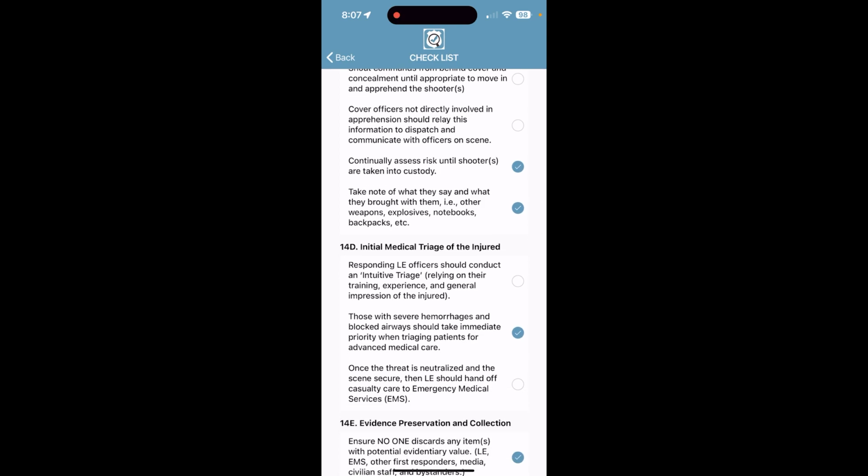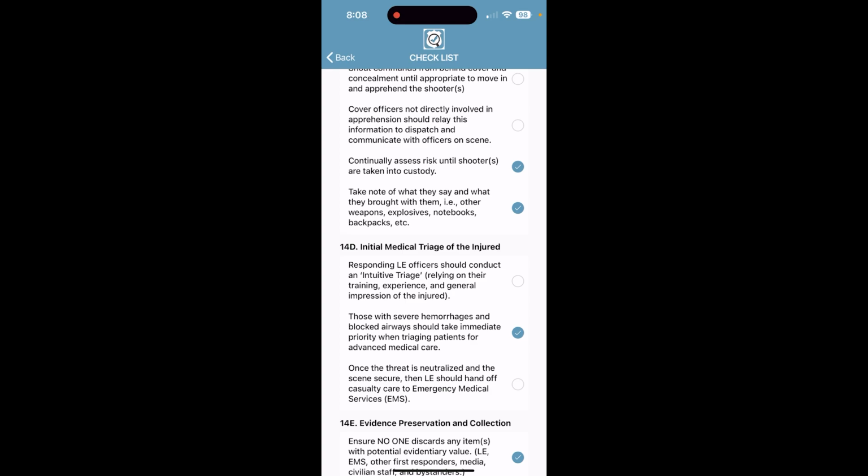14D, initial medical triage of the injured. The law enforcement is usually the first ones at the scene. Either the medical services is waiting to be asked to be brought in.